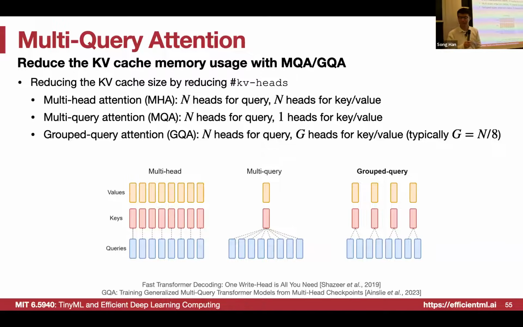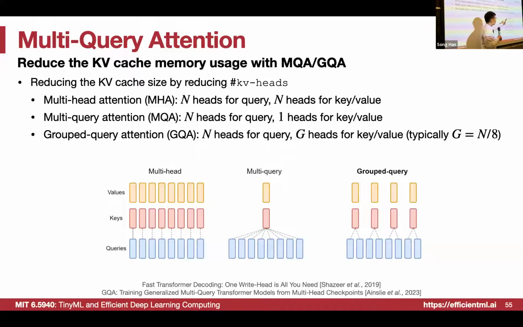So you reduce from n heads for KV to only 1 head for KV. For the attention, you still maintain n number of queries, n heads of queries. But certainly that sacrifices the model capacity.